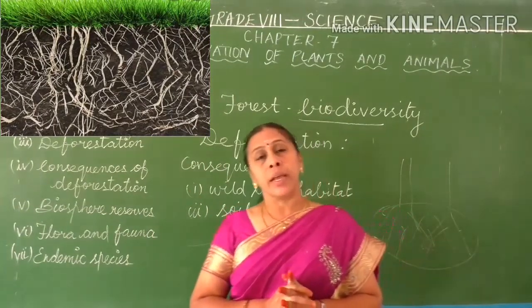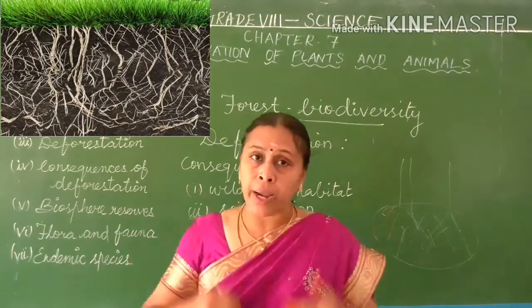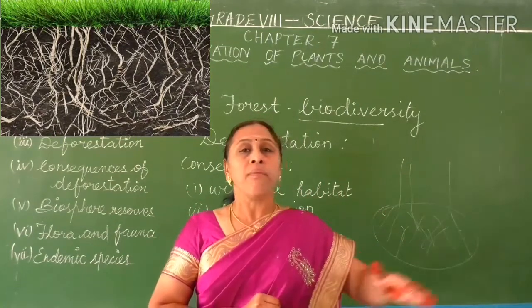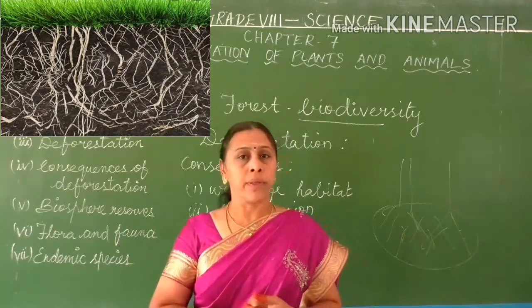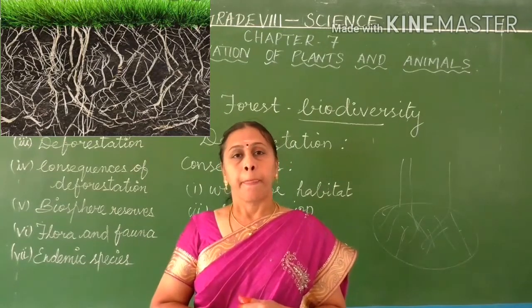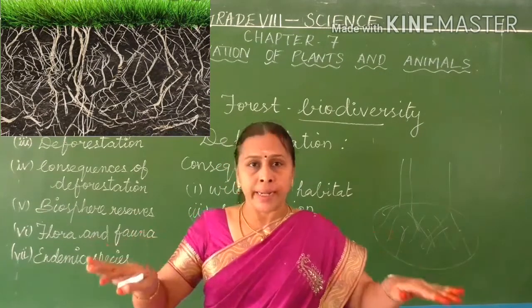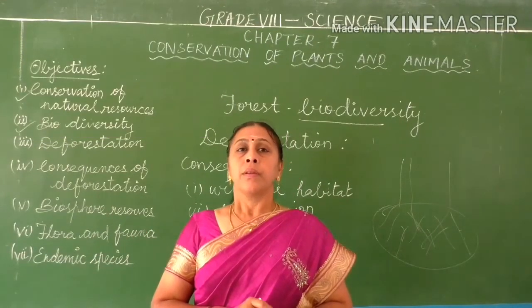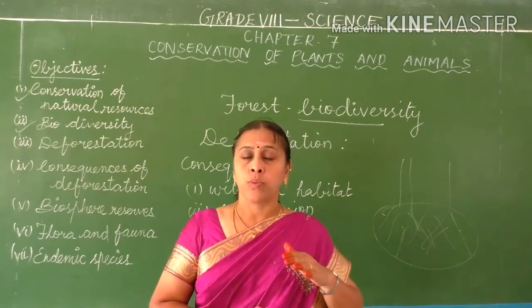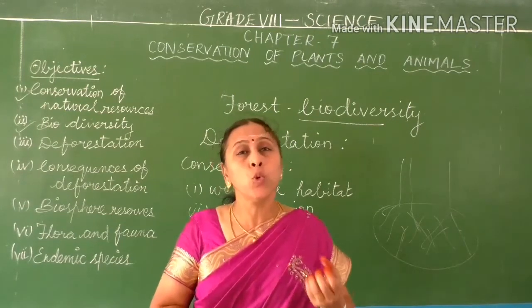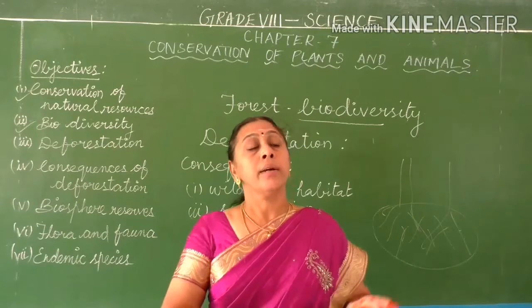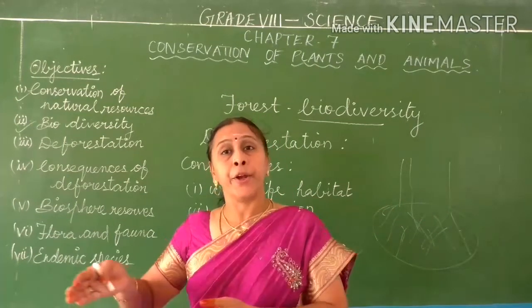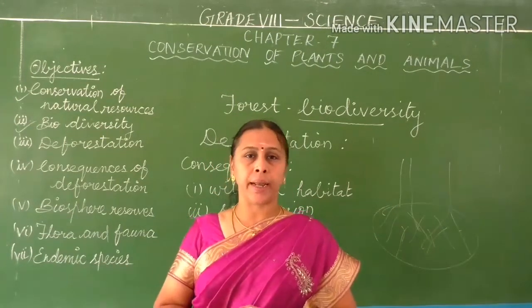Because of this, even when there is heavy rainfall, the soil will not get eroded along with water. The soil will be retained. If the trees are cut down, the soil will become loosened and eroded. Soil erosion will take place.